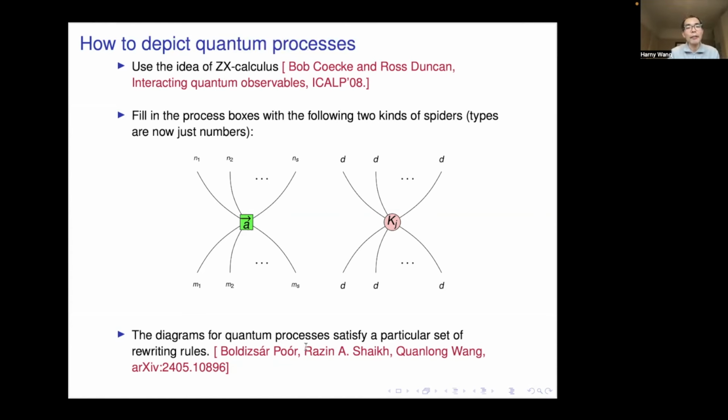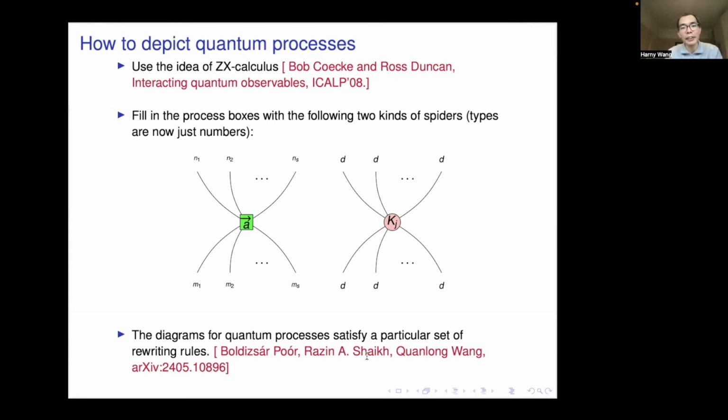And then I will show later that once you fill in the process boxes with these green or red spiders, and if they satisfy some rules which we call rewriting rules, I will explain what rewriting rules are later, then we can say that this is exactly a quantum process.